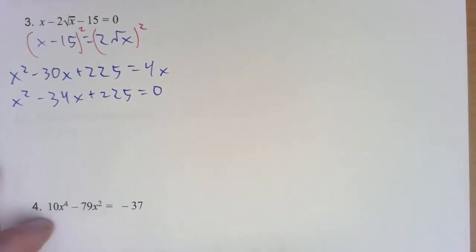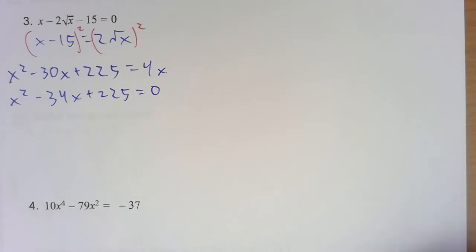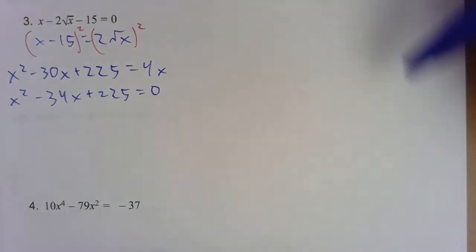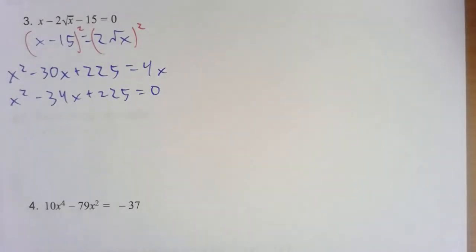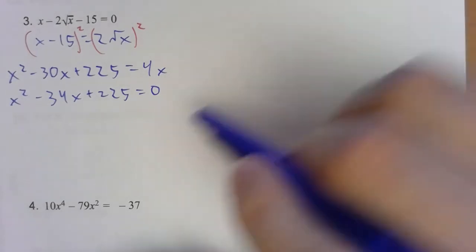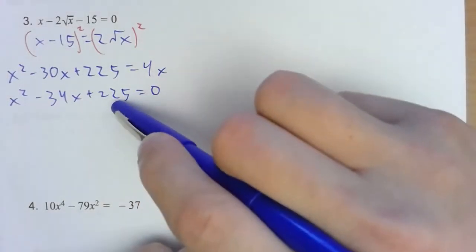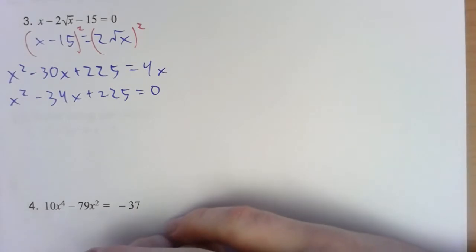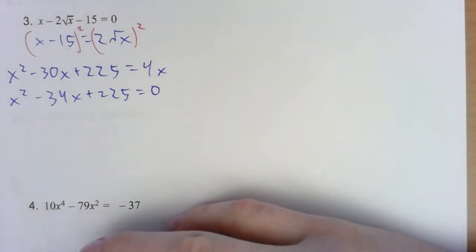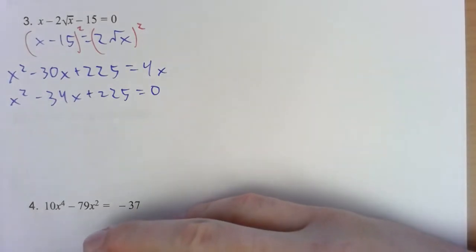That one might seem a little bit difficult to factor. I mean, if it doesn't factor, of course, there's always the quadratic formula. We should know that, but this one actually does factor. I'll give you a hint. If it ends in 25, that means that 25 goes into it. So you could think about how many quarters it would take to make $2.25.